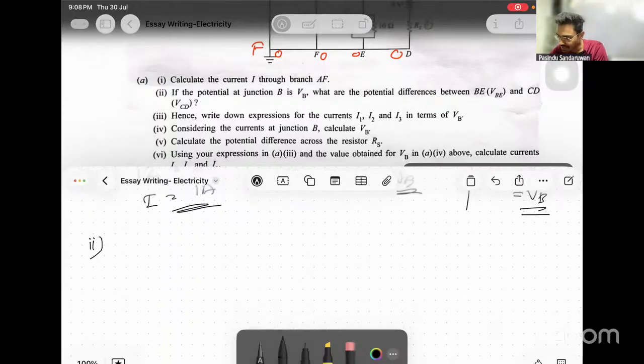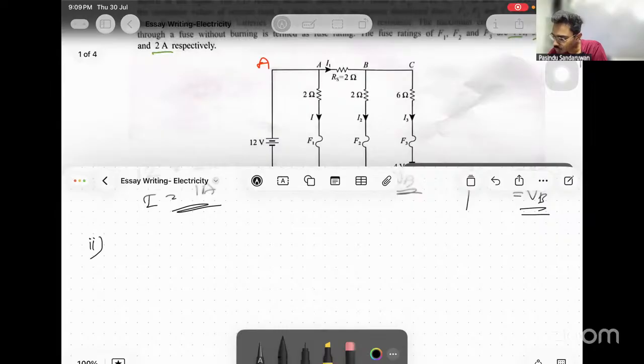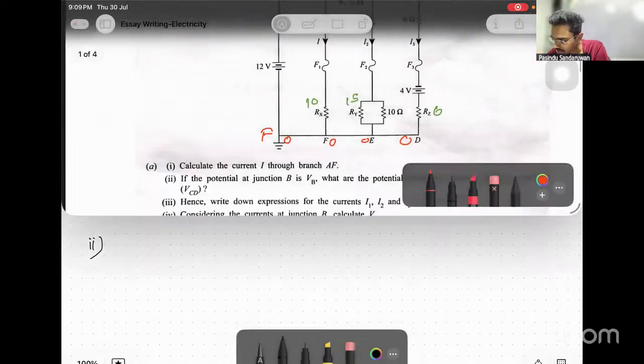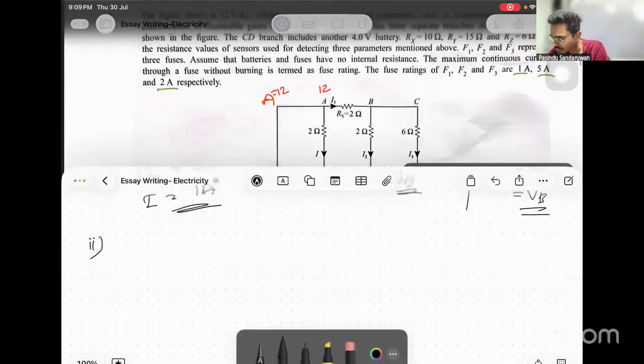Part 3. Write down expressions for the currents I1, I2, and I3 in terms of VB. I1 is across these points. If this is 0, then point A becomes 12, and if that is 12, this is also 12.